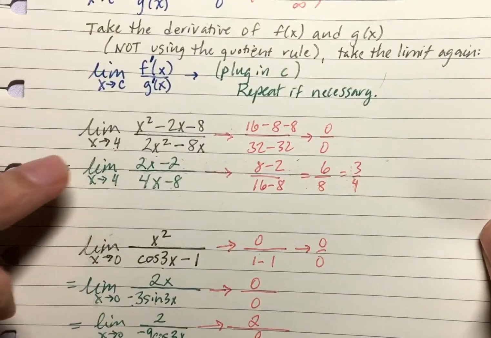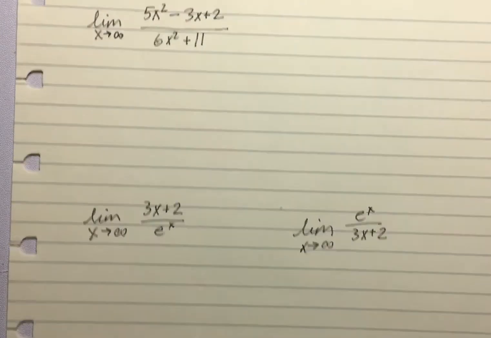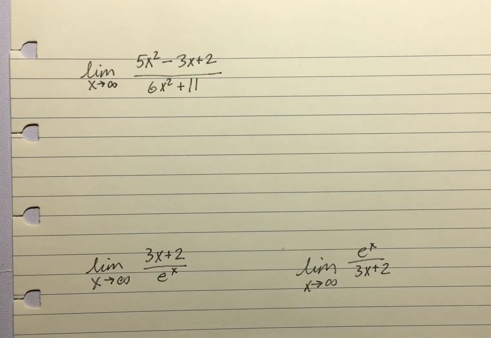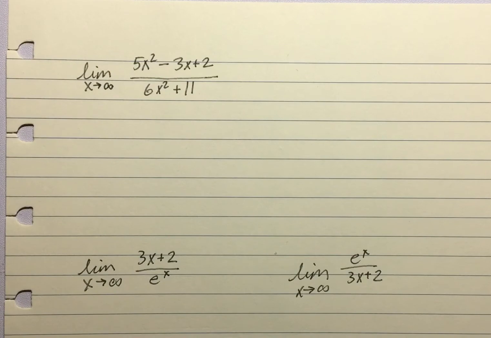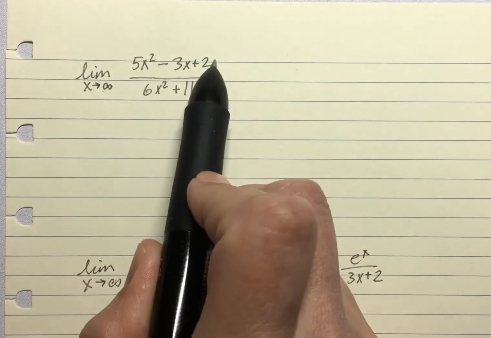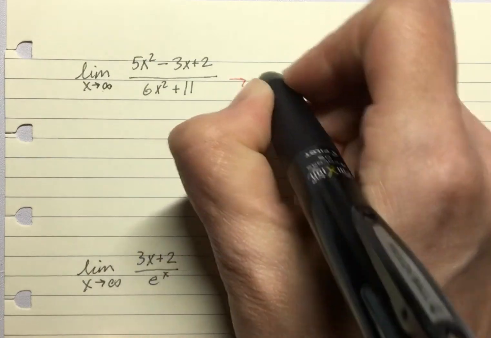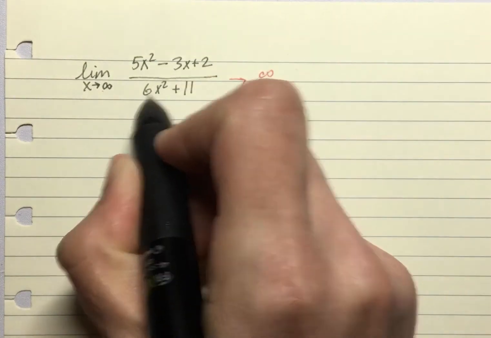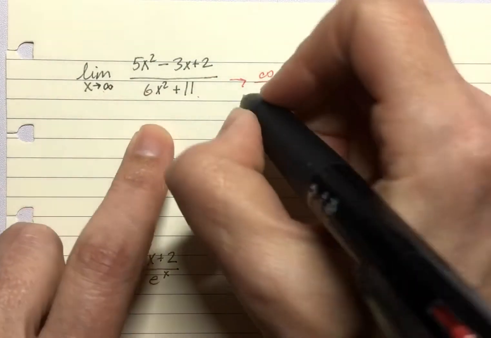We're going to do a couple more, because sometimes you'll have x going to a finite number, but it's also possible you'll be going to infinity, and this is going to take a little bit of analysis. So as x goes to infinity, I have a quadratic here, so that's going to infinity. And then 6x squared plus 11, that is also going to infinity.